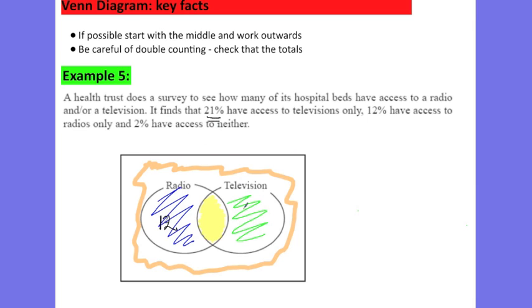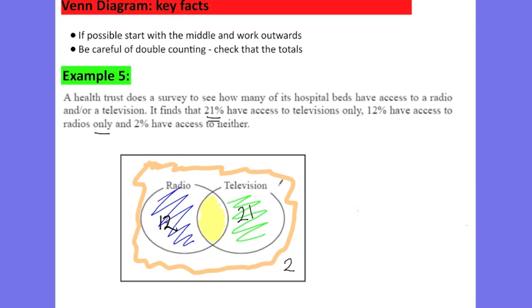So this part here, the green, is the televisions only, 21%. 12% have access to radios only. That's the category that was already labelled here in the Venn diagram. We're then told that 2% have access to neither. They're the people here outside the hospital beds with no television or no radio.